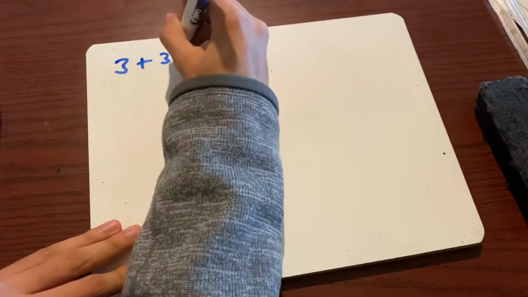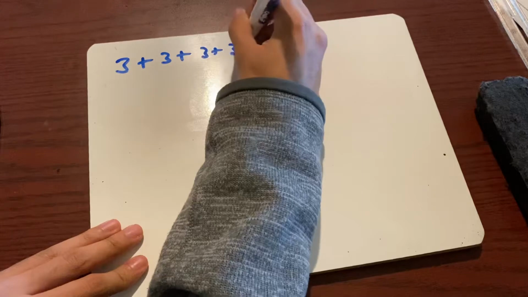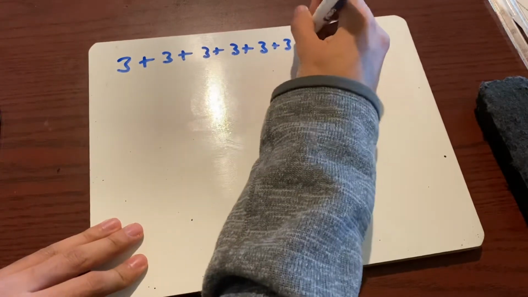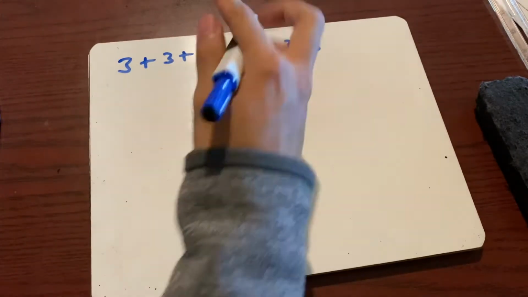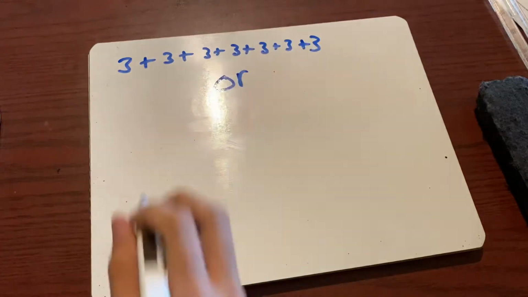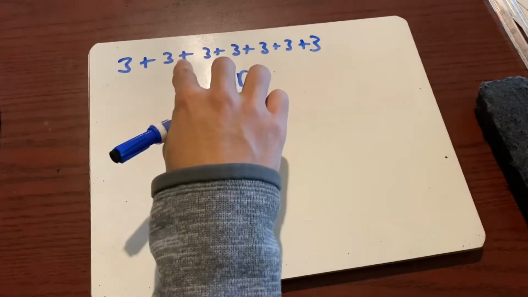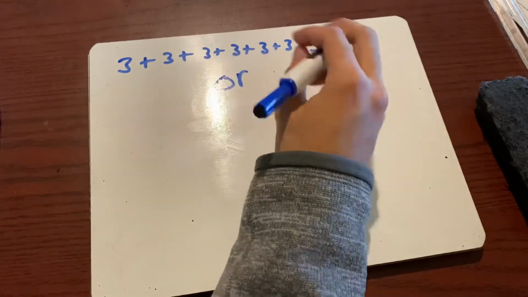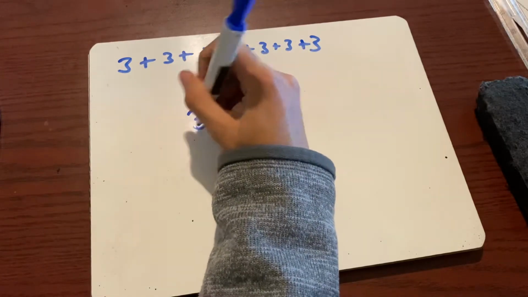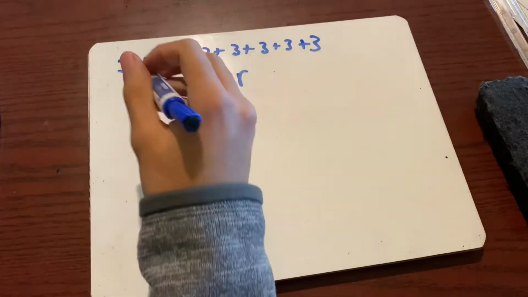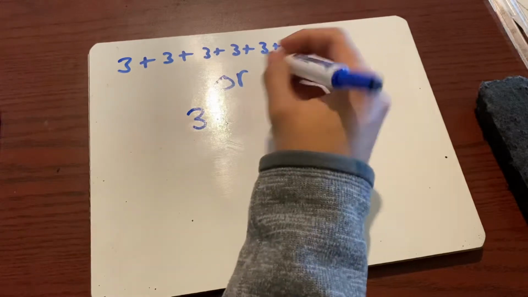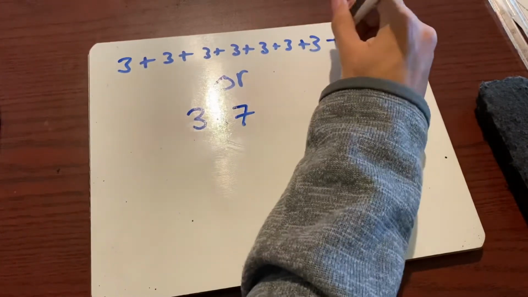3 plus 3 plus 3 plus 3 plus 3 plus 3 plus 3. What's another way we can rewrite this? Well, we're just saying we're multiplying 3, 1, 2, 3, 4, 5, 6, 7 times, right? And it should be 21.